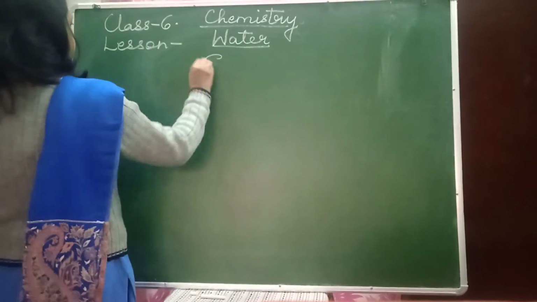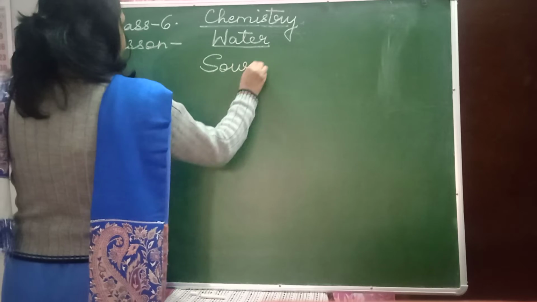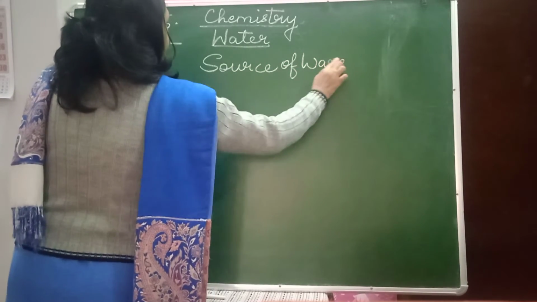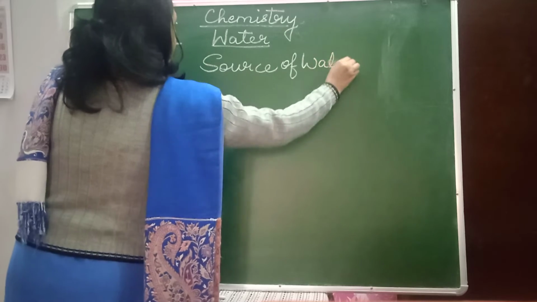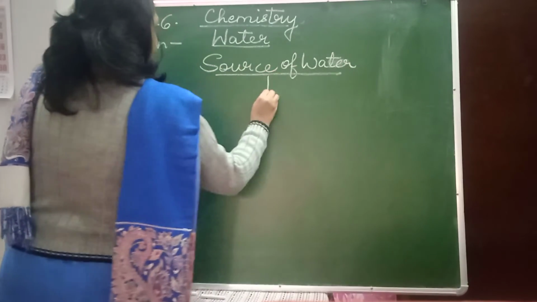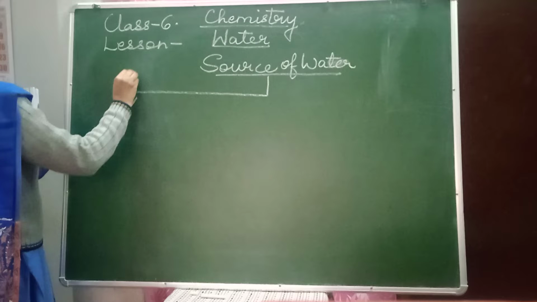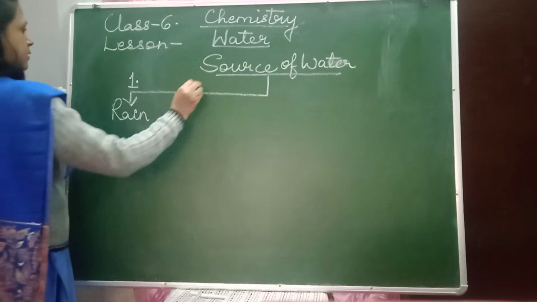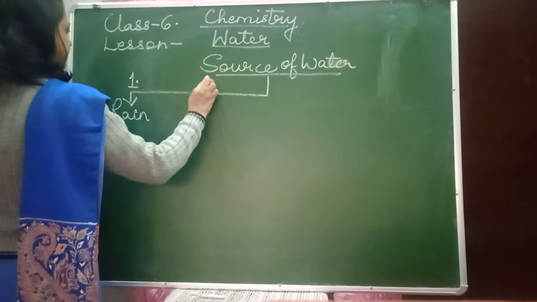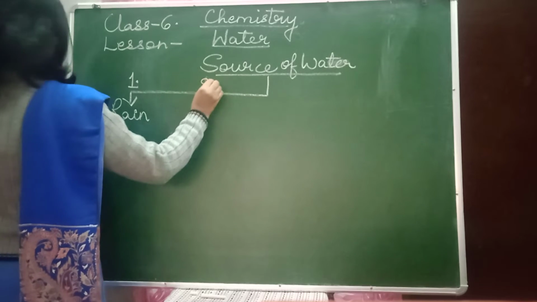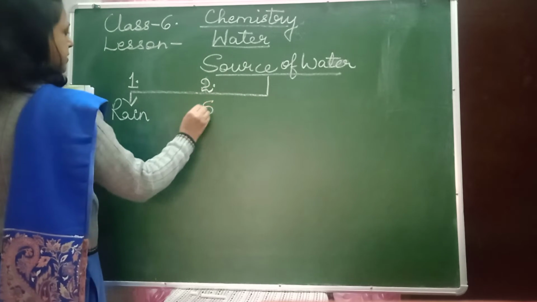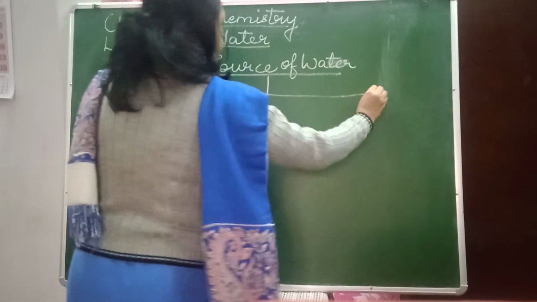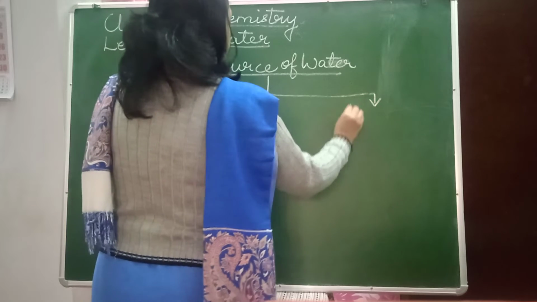Children, what are the sources of water? Water is divided into three forms. The first is rain, the second is surface, and the third is underground.